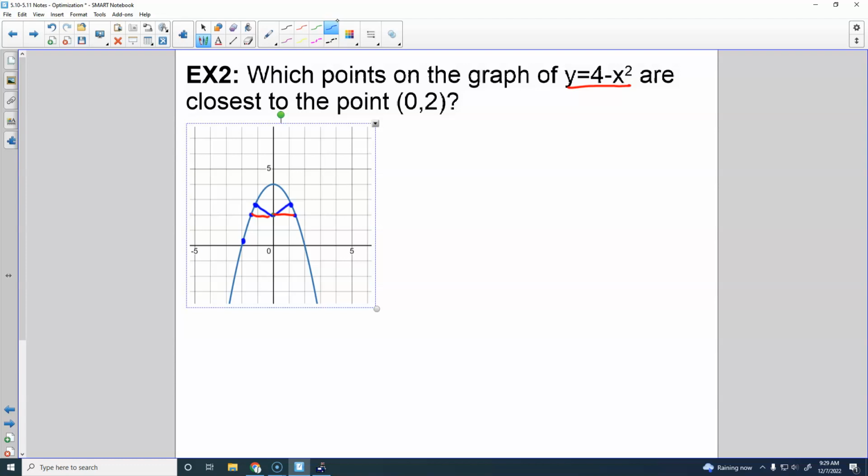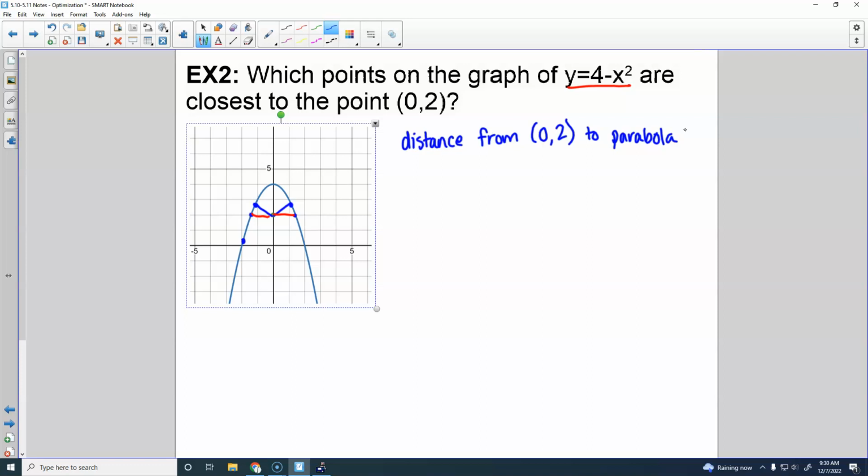It's the closest point, so it's a minimum, right? What are we trying to minimize? Distance. Distance from (0, 2) to the parabola. That's what we're trying to find a minimum of, right?